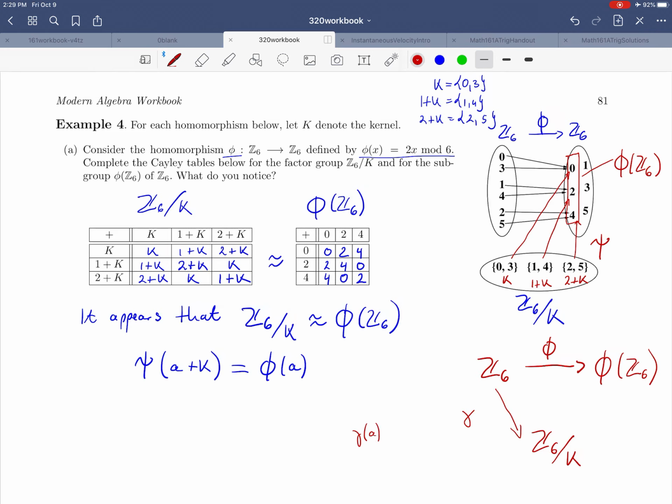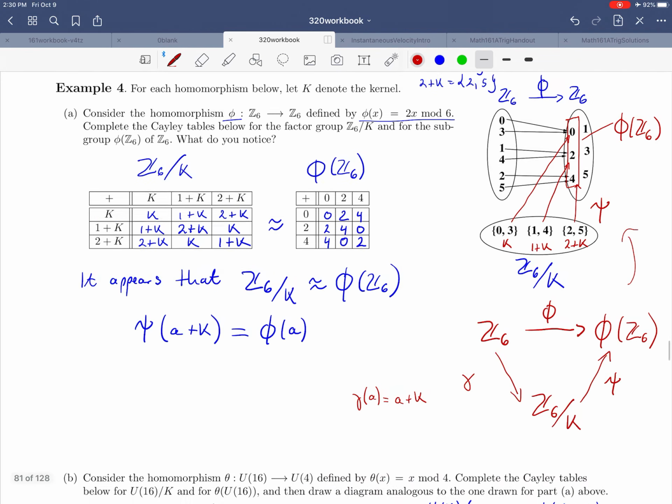So gamma of a is mapped to a plus K. Okay, and then we have this new map, psi, that takes a coset and maps it to the image under phi. So this is a simplified map illustrating what's going on up here in our first diagram.